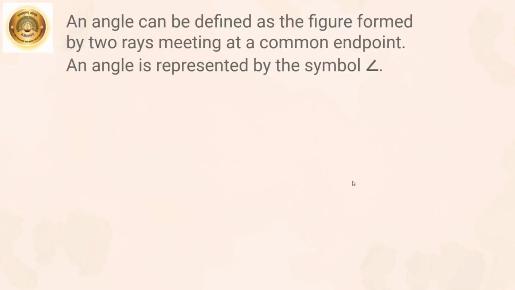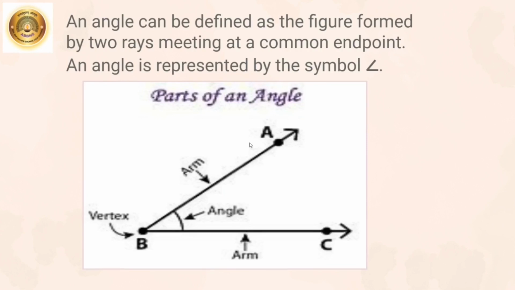Now let's see what's an angle. An angle can be defined as the figure formed by 2 rays meeting at a common endpoint. An angle is represented by this symbol. So, let us see the parts of an angle. These are the 2 rays that form the angle, ray BC and ray BA.